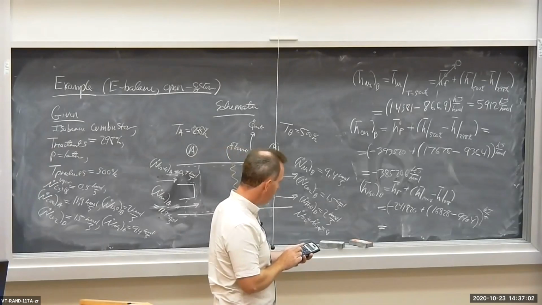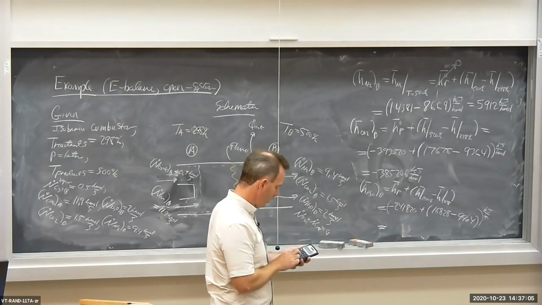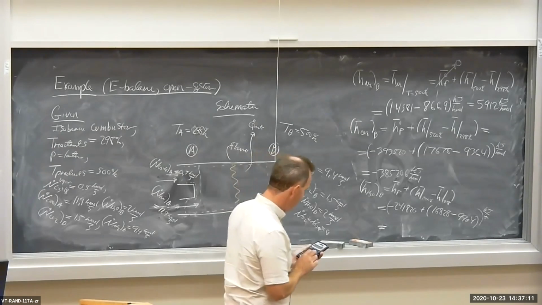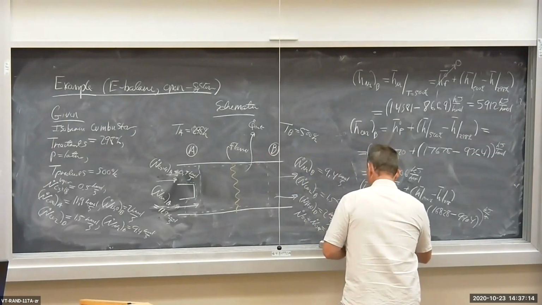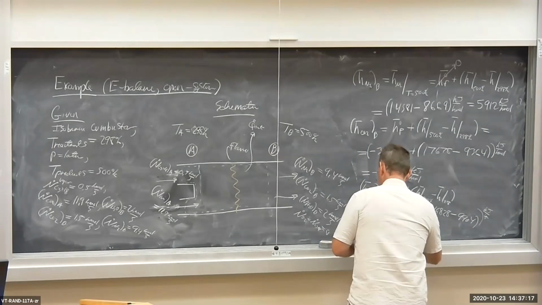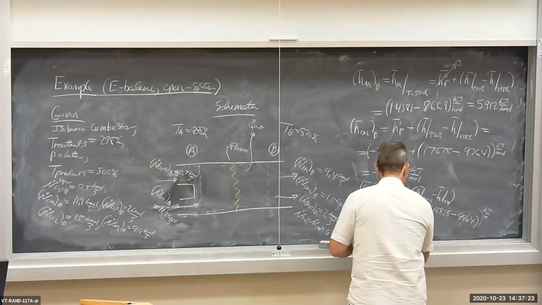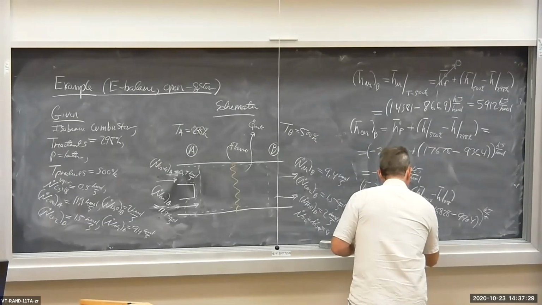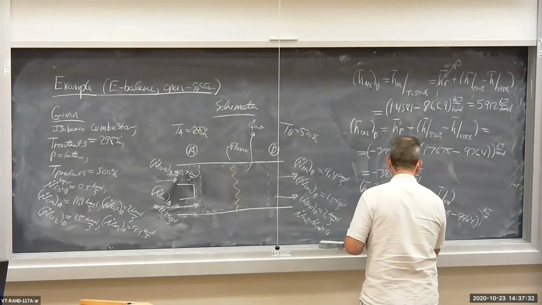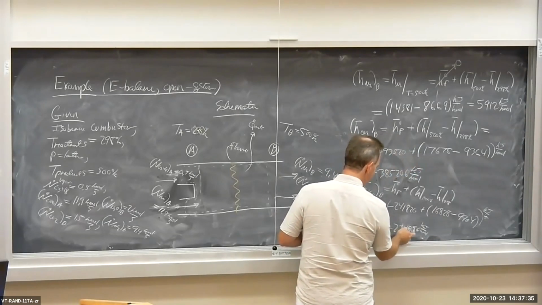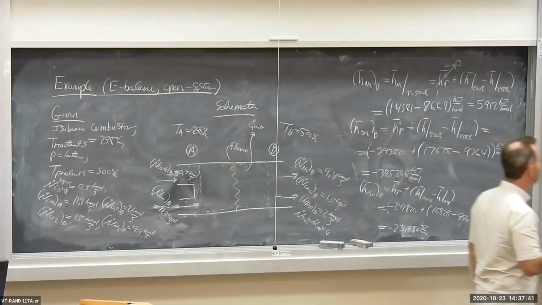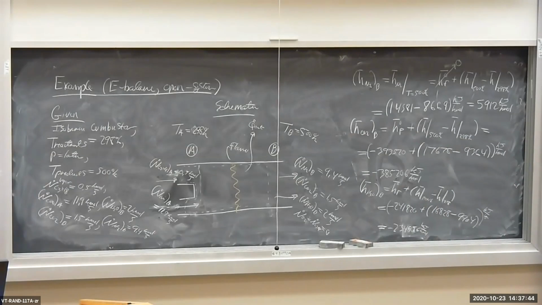So 16,828 minus 9904 minus 241,820, and I get negative 234,896 kilojoules per kilomole. Okay, now I have everything.